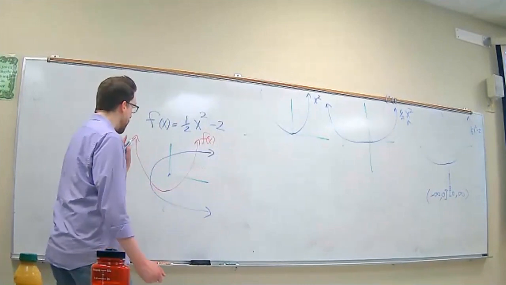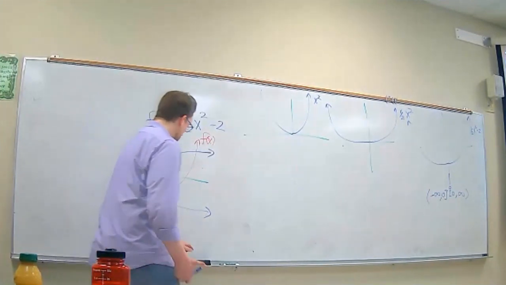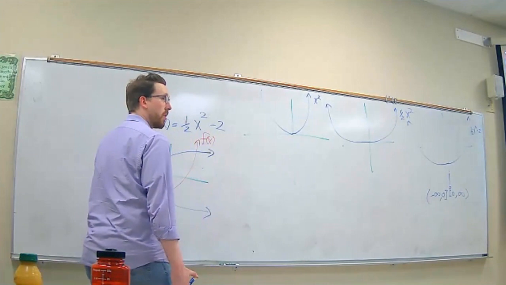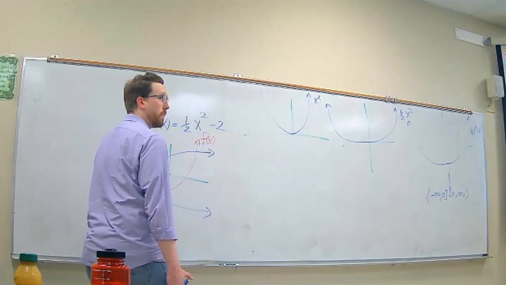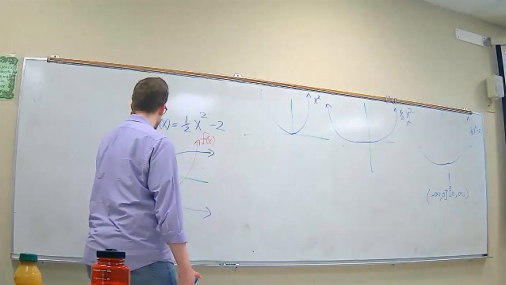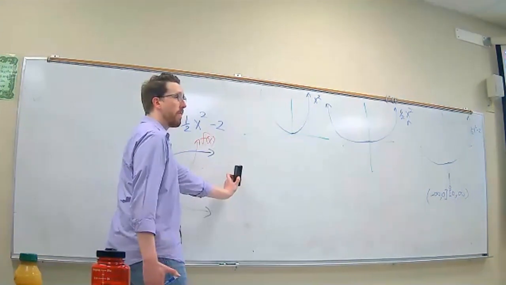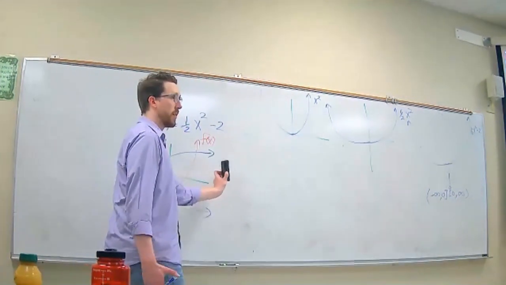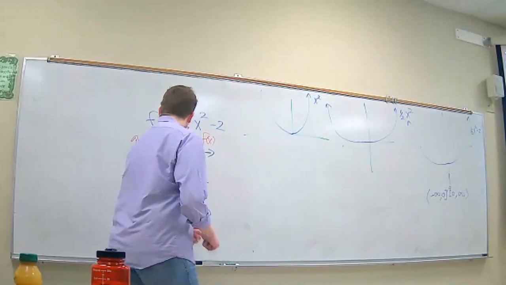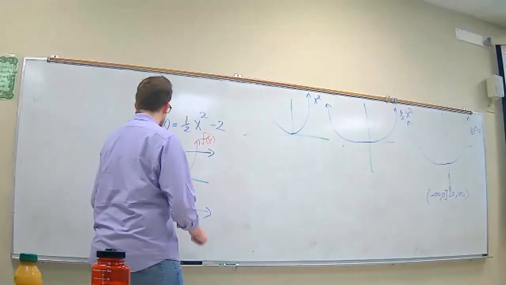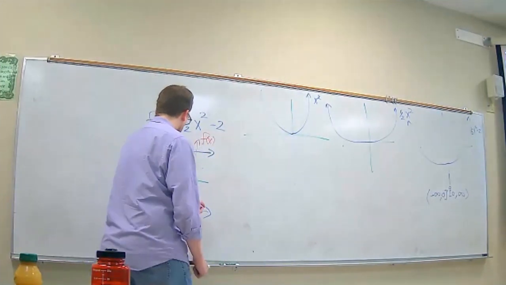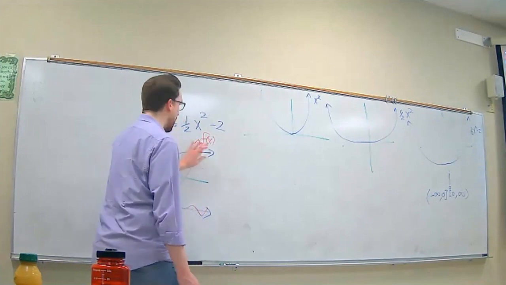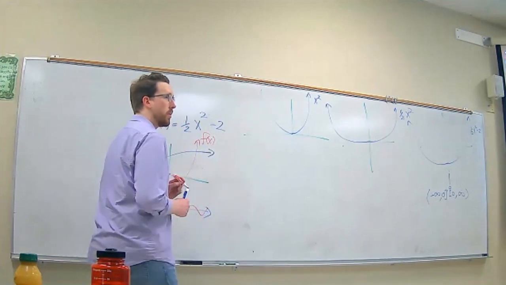But everything past this 0 fails the horizontal line or the vertical line test, right? So we're going to have to cut out either this bottom piece or that top piece. Does that make sense?